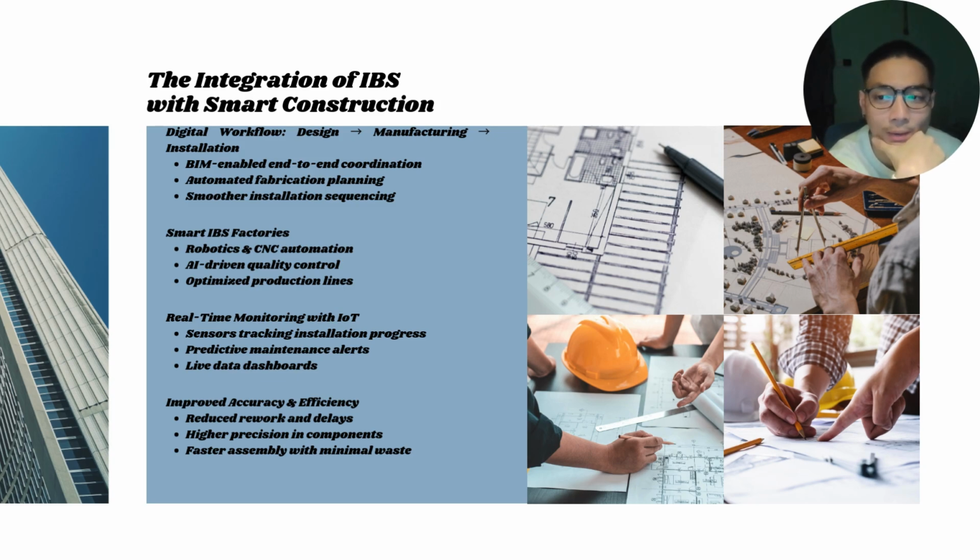These sensors can track installation, give predictive maintenance alerts, and send live data to dashboards so the teams always know what's happening. By combining IBS with these smart technologies, we get better accuracy and efficiency, less rework, higher precision, and a faster assembly with very little waste. In the end, smart IBS makes construction more efficient, reliable, and modern.